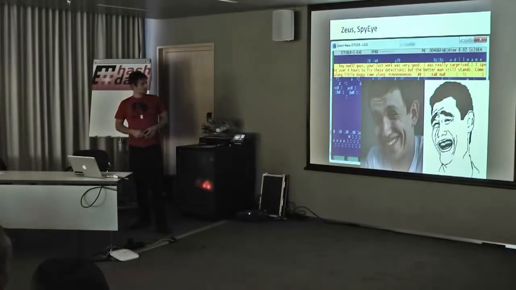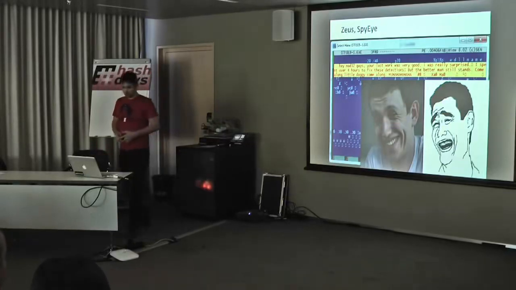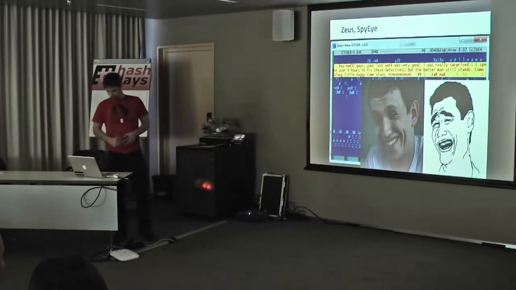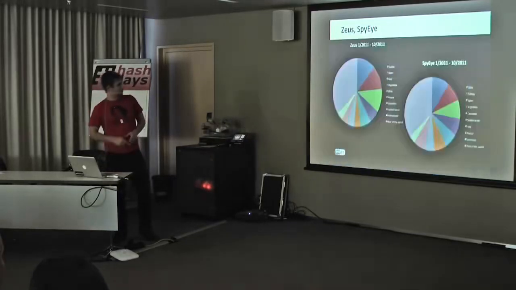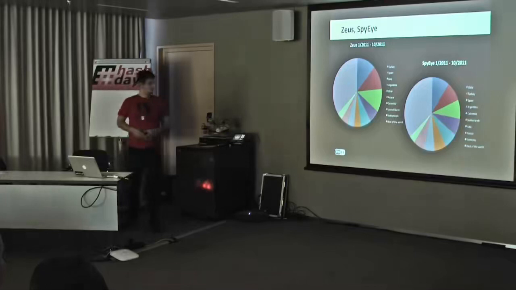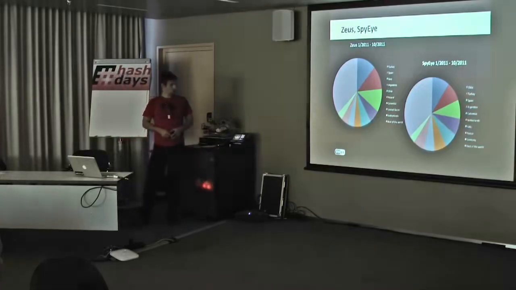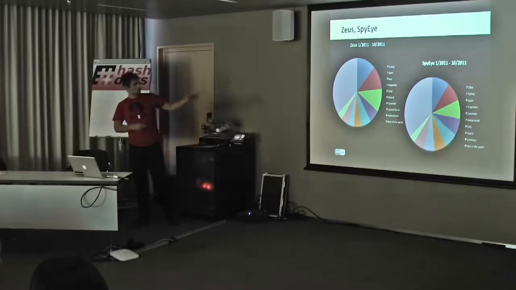But as I was saying, this malware is still out there. It's still robbing users. And before I continue, I added some statistics of the distribution of Zeus and SpyEye. Now the big purple sector is the rest of the world, and these ones are Turkey, Spain, Italy, Argentina.